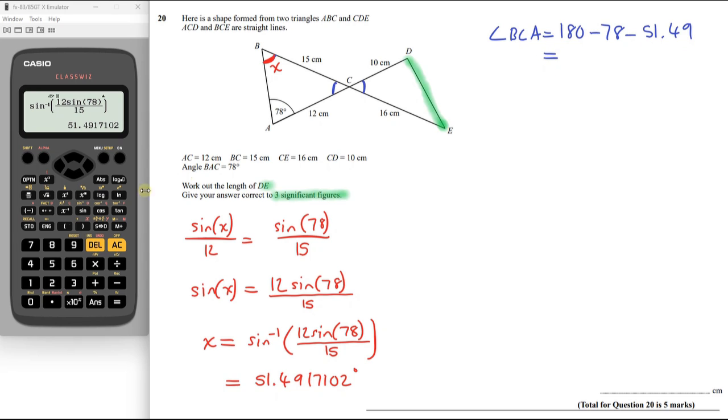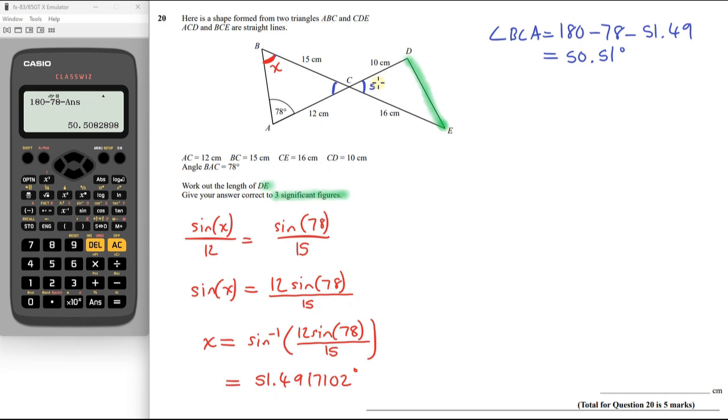So we're going to do 180 minus 78 minus previous answer, because that was already saved, and we get 50.51 degrees. So that is what this angle is here, which is going to be the same as this angle.